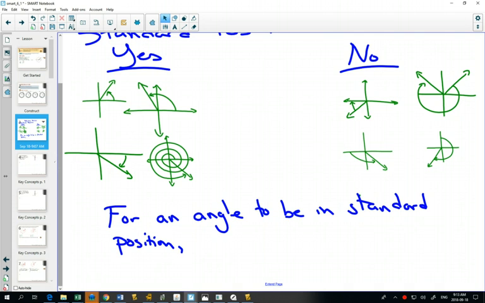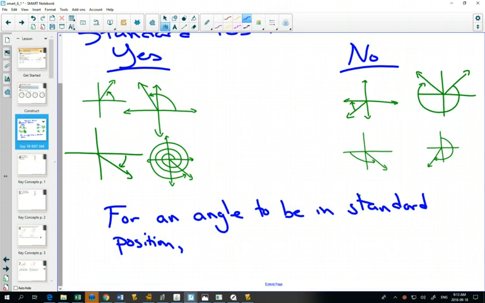I don't know how to word it properly, but the arrow indicating the angle always originates from the positive x-axis. Okay, so the place where the angle starts always starts from the positive x-axis. We can't just say x-axis because we have one over here that starts at the negative x-axis, right?